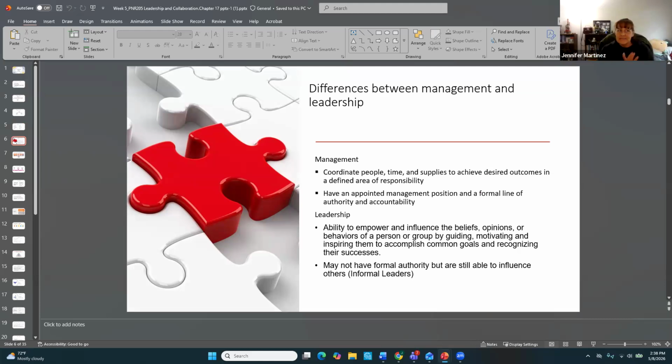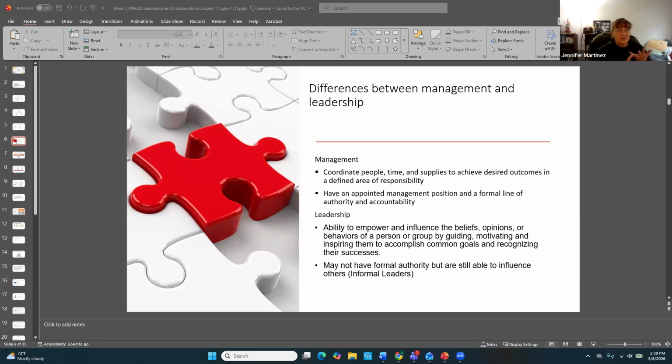So other differences, management, they coordinate people, time, supplies to make sure that we reach those desired outcomes in their area of responsibility, right? So nurse managers are going to have a defined area of responsibility.